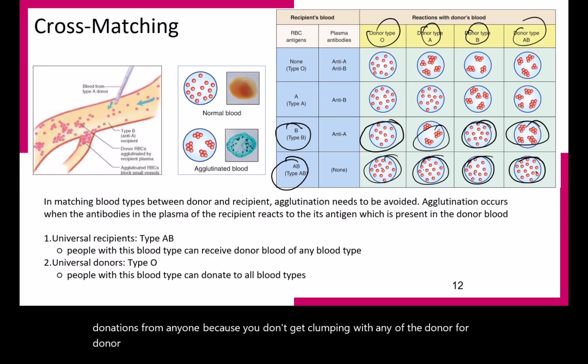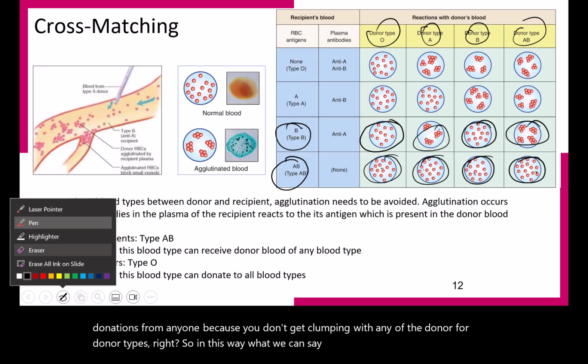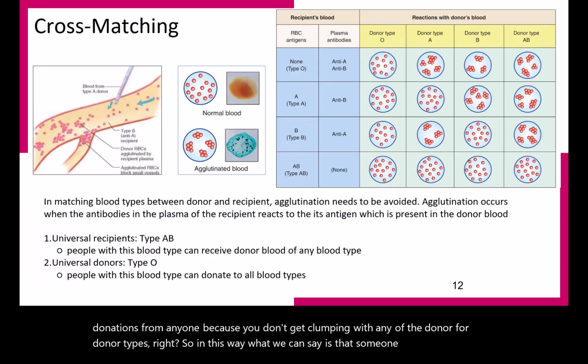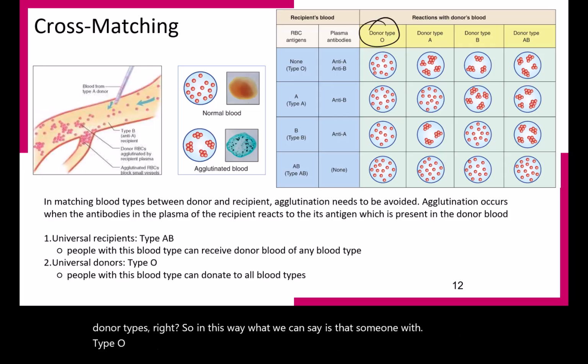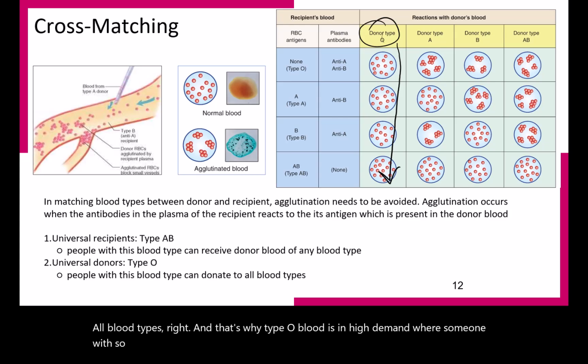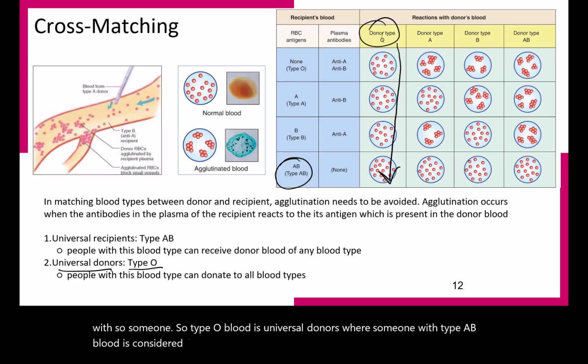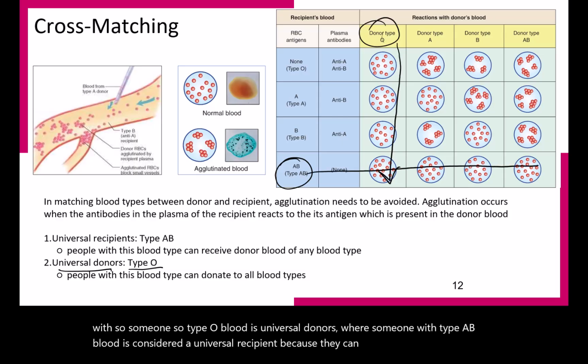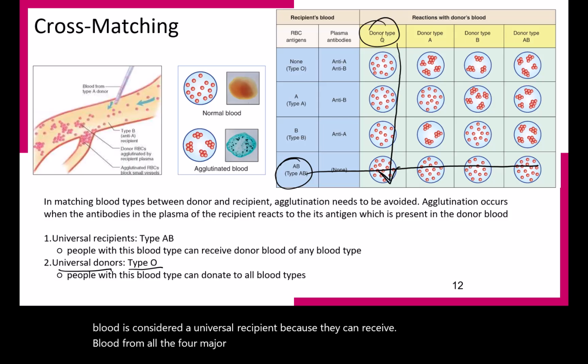So someone with type O blood can donate to all blood types, and that's why type O blood is in high demand. Type O blood is the universal donor, while someone with type AB blood is considered a universal recipient because they can receive blood from all 4 major blood types.